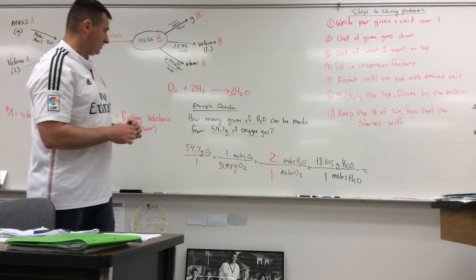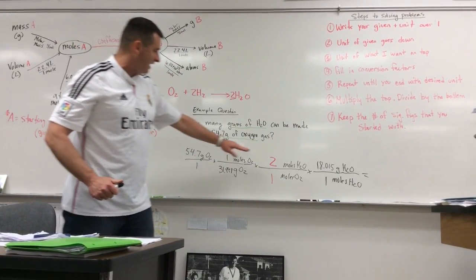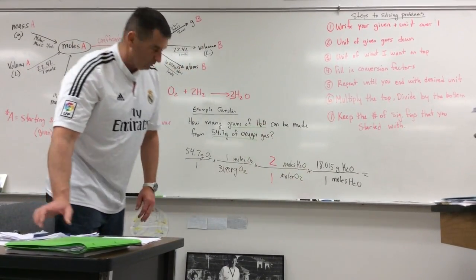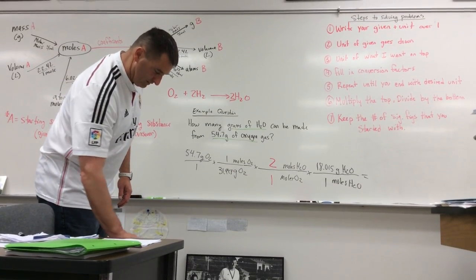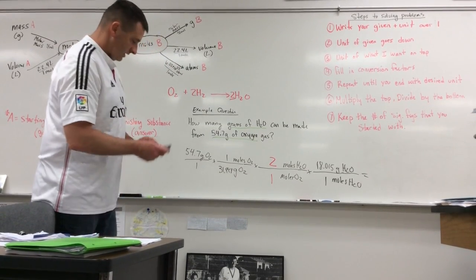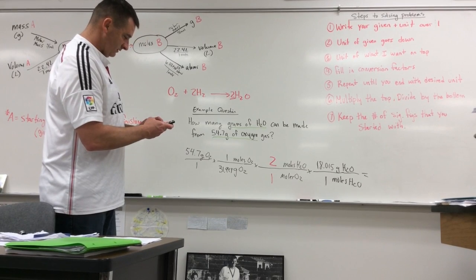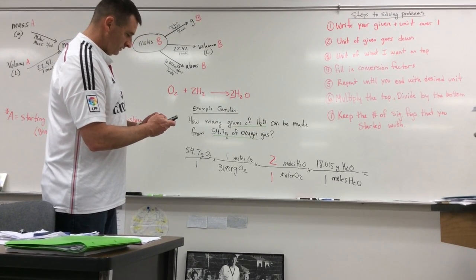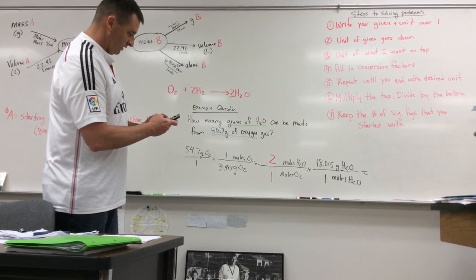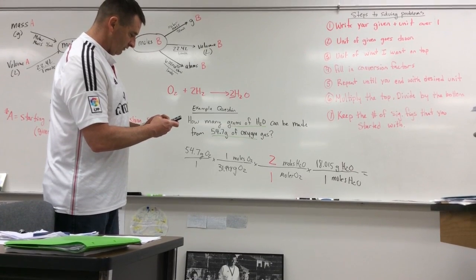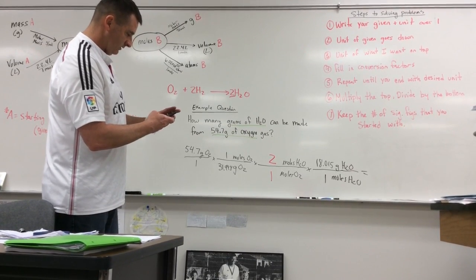And then when I'm finishing up, I just multiply the numbers on the top, which is going to be 54.7 times 2 times 18.015, divided by 31.998.